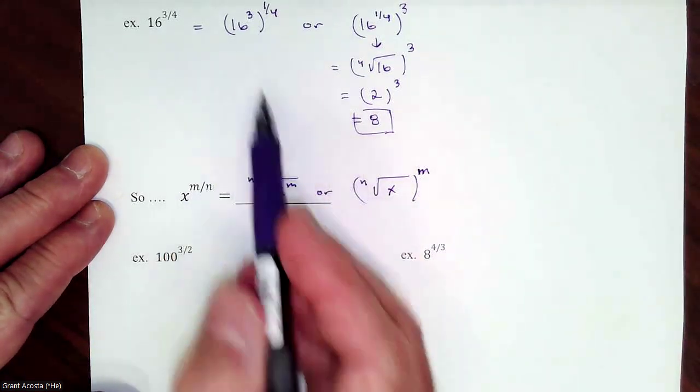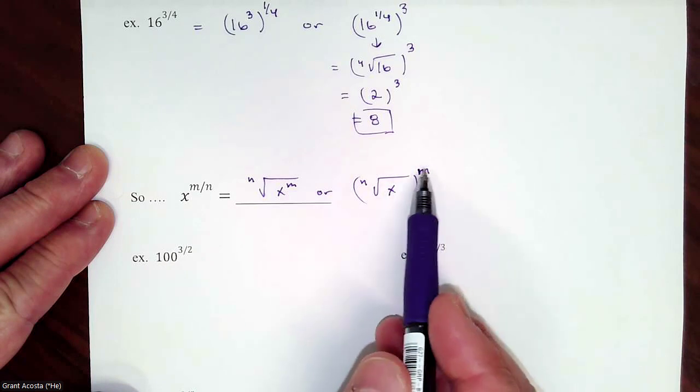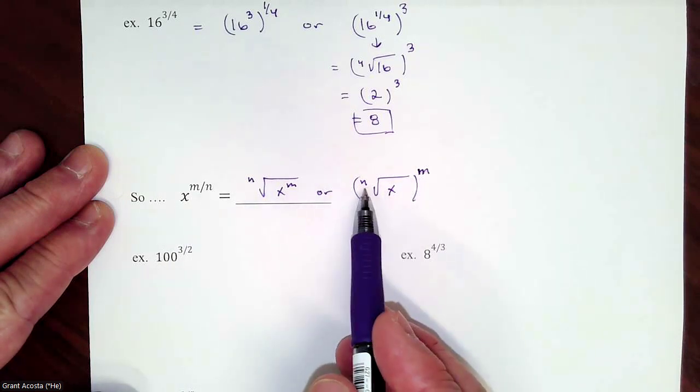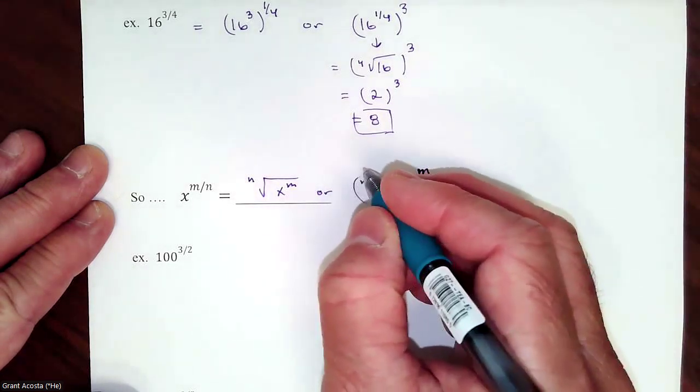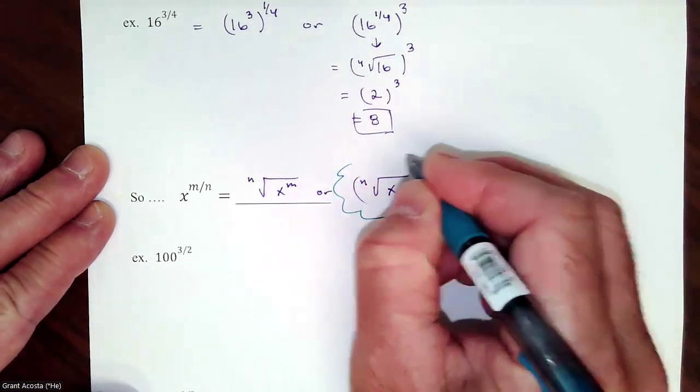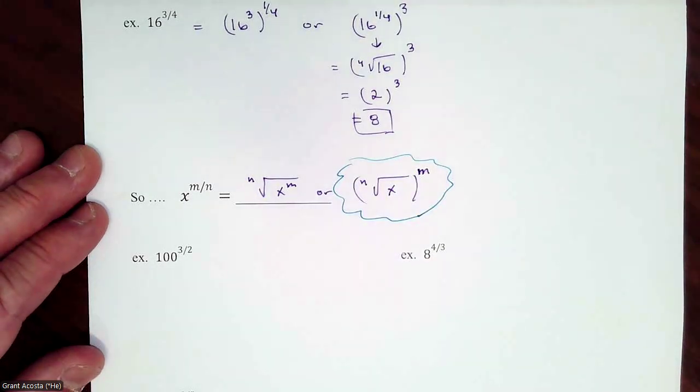And as we've seen, it's a lot easier to do the power at the end because then you're taking the root of a smaller number. So this would be the one I would almost always do.